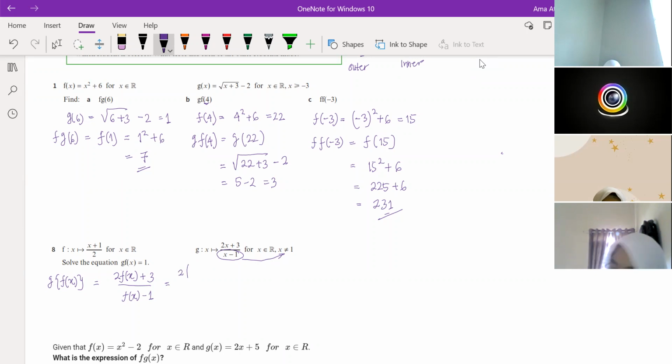So 2 times, the function of f of x is x plus 1 over 2. I will give different colors, different colors are better.